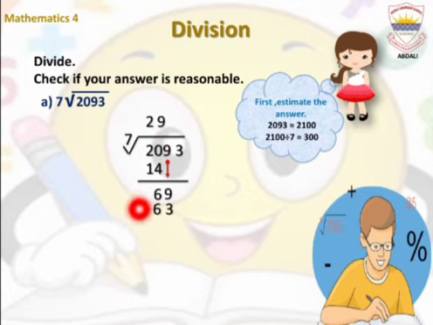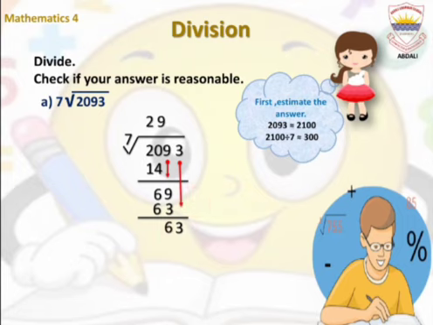So we write 63 under 69. Now what do we do? Student, we subtract 63 from 69. When we subtract 63 from 69, we get 6. And we write 3 with 6.